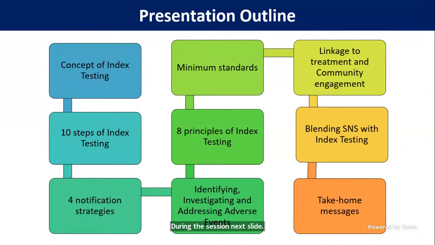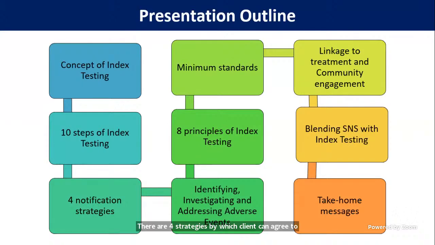As I said, there are a few steps in conducting index testing wherever it will be, like at ICTC or ART center or anywhere. So we will discuss the concept of index testing, then the 10 steps of index testing, how it should be done. There are 4 strategies by which a client can agree to bring their partners for HIV testing.